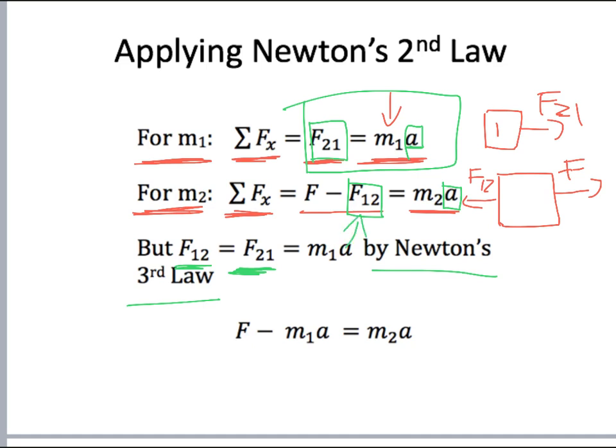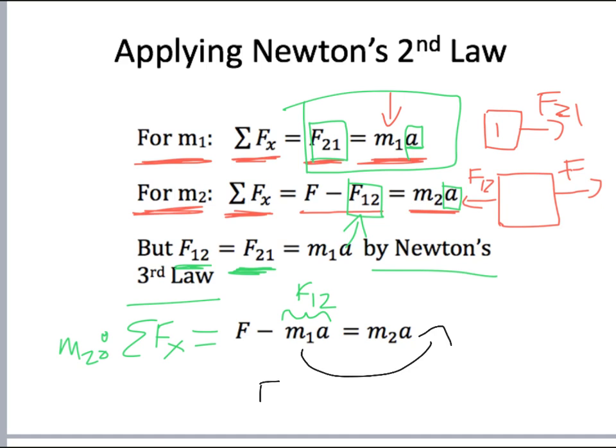I can rewrite the sum of the forces in the x direction, technically for block 2, as F minus M1A, where that is what F12 is equal to by Newton's third law. So we've got F minus M1A equals M2A, and I can bring this over and get F equal to M1A plus M2A.